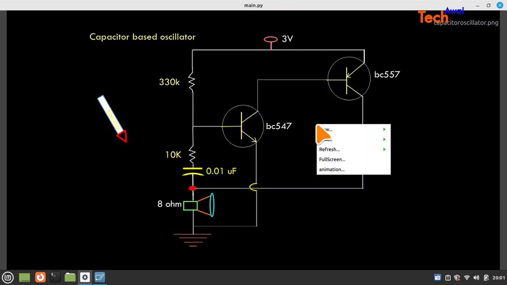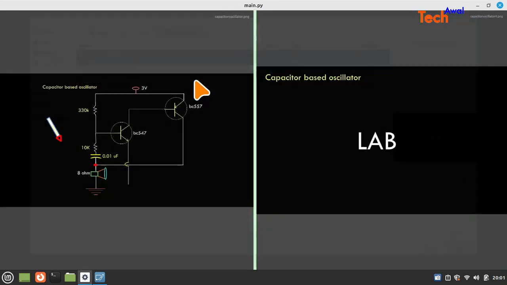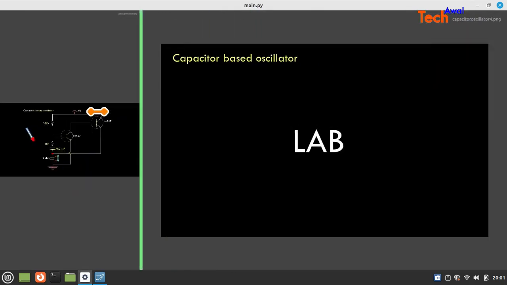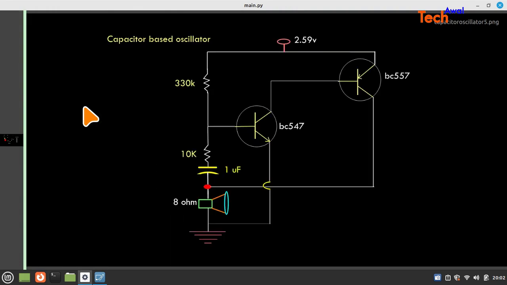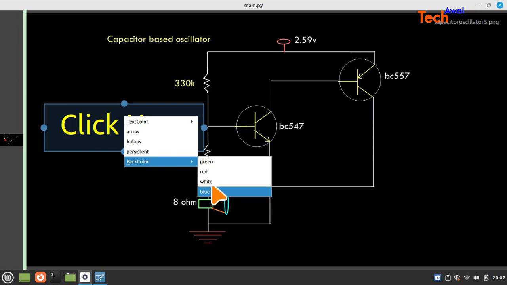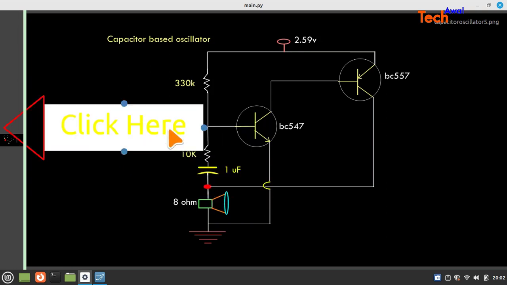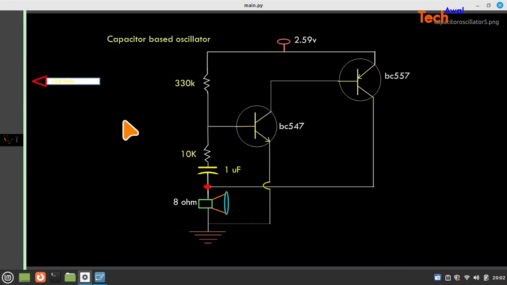Now we have a lab session, and we have taken a 1 microfarad capacitor.